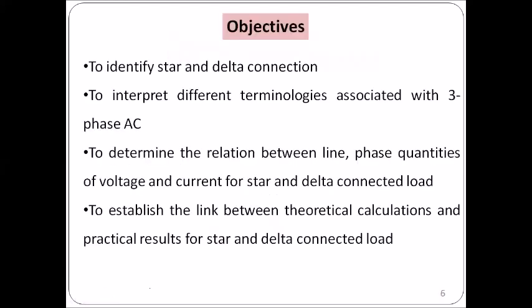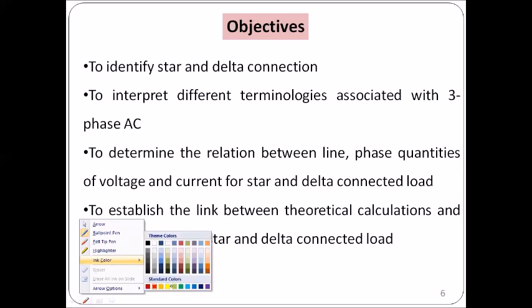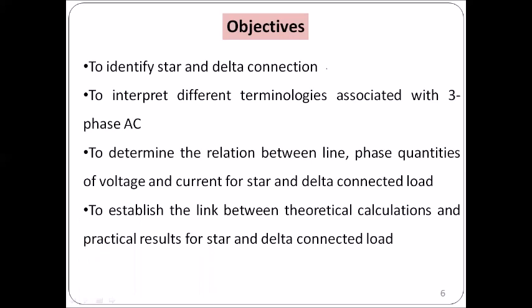As the title itself is new to us, first of all, we shall try to identify the type of connection, and we shall also try to know the different notations associated with three-phase AC, that is the line and phase.